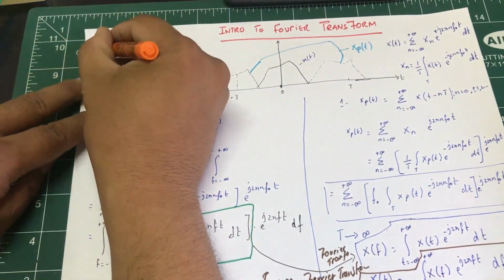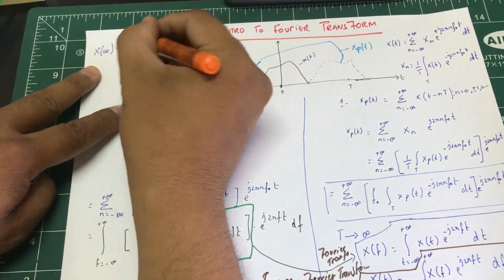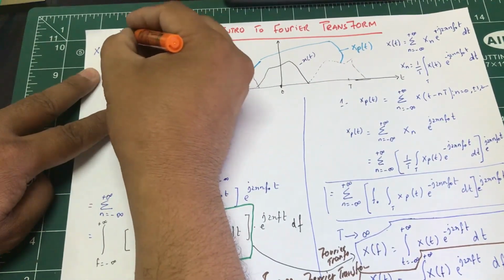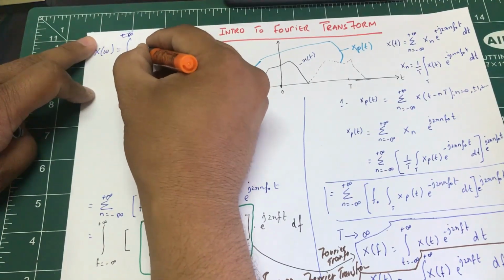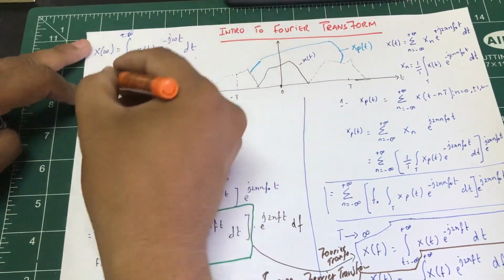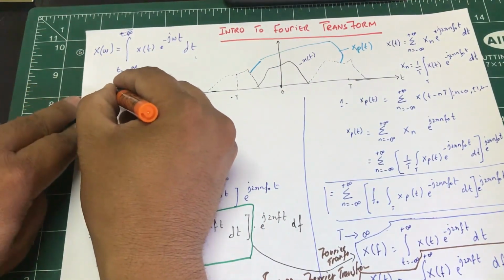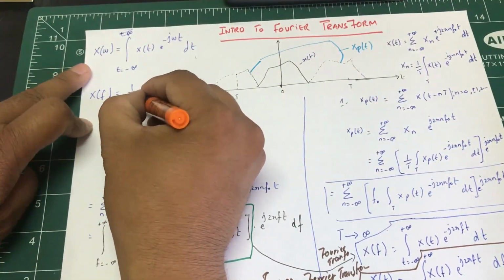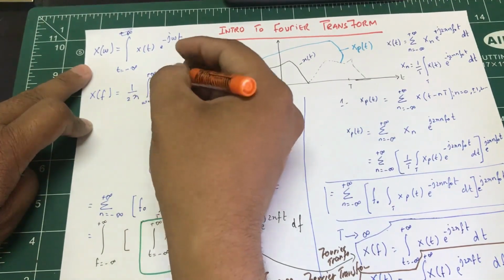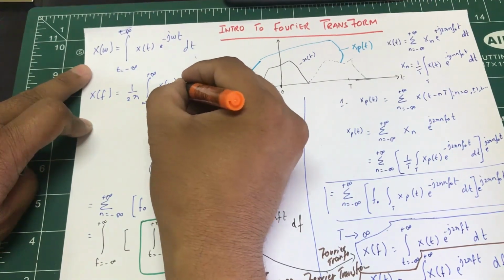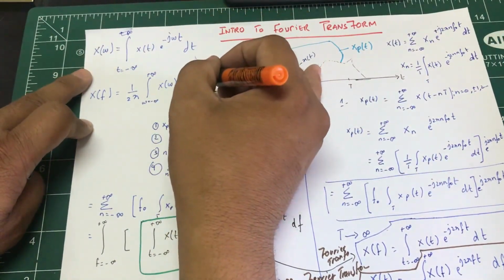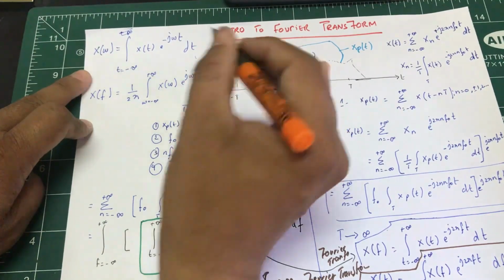The other way of looking at it, you might have seen in other textbooks, is where you have everything in terms of x of omega: x of omega is the integral from negative infinity to positive infinity of x of t e to the negative j omega t dt, and x of t is 1 over 2 pi times the integral from negative infinity to positive infinity of x of omega e to the j omega t d omega.